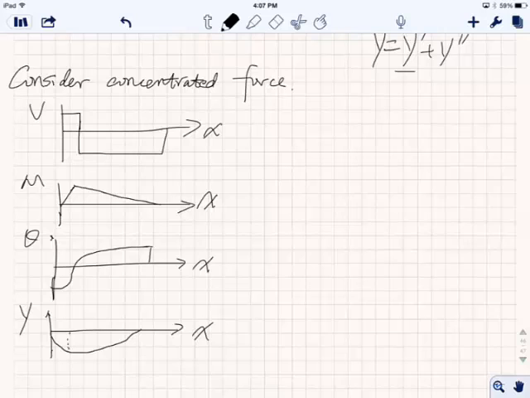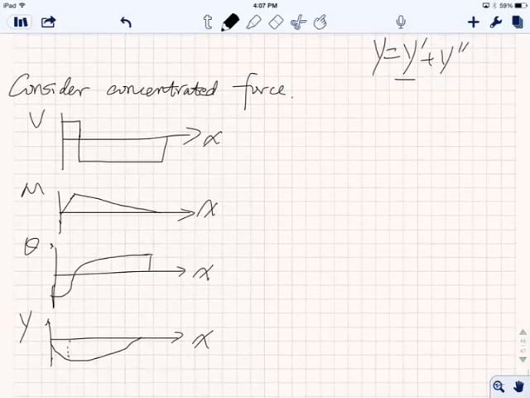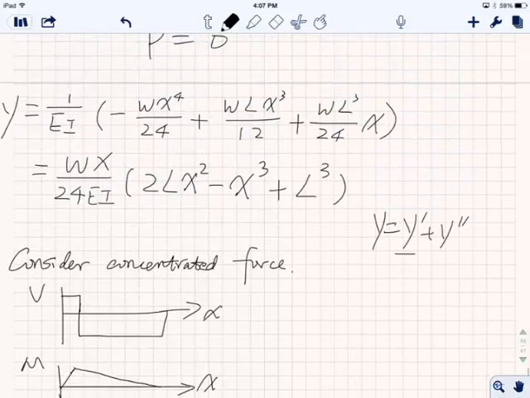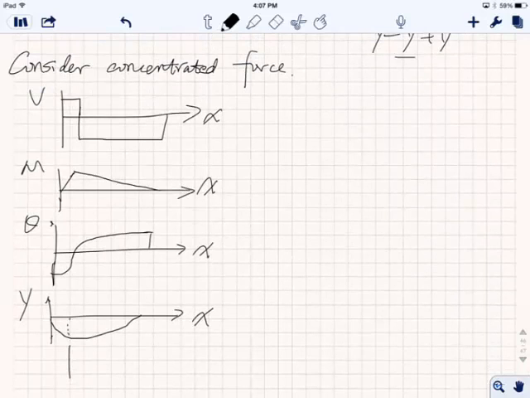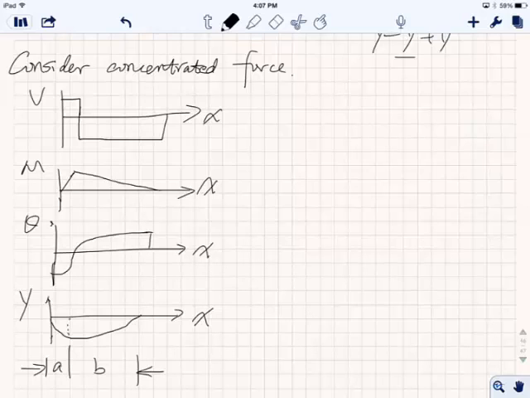This is what it looks like. So what's different about this is we have two different sections. First of all, you have in this section equal to B, in this section equal to A. That's what we know, right? The geometry of it.